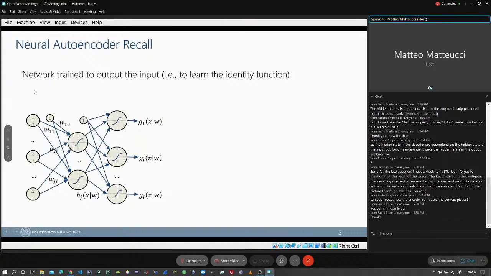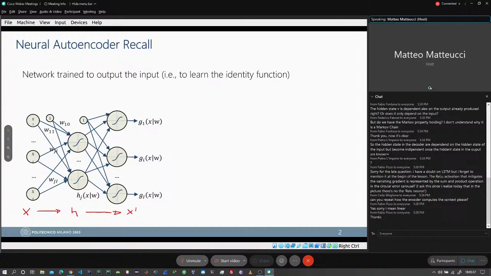An autoencoder is a self-supervised model. So it is an unsupervised model where you have an input vector, x here, and you map this vector into a hidden representation, and then you map this hidden representation back to x prime, where x prime is the original vector x.